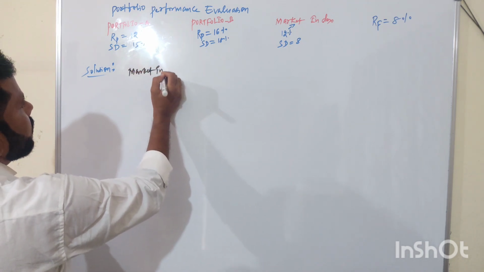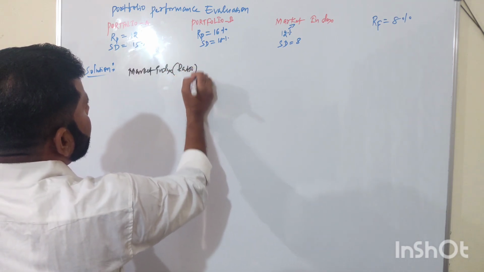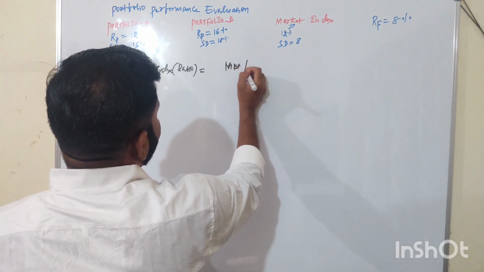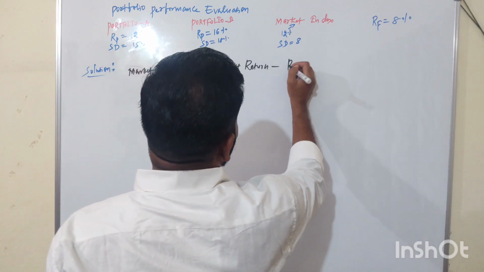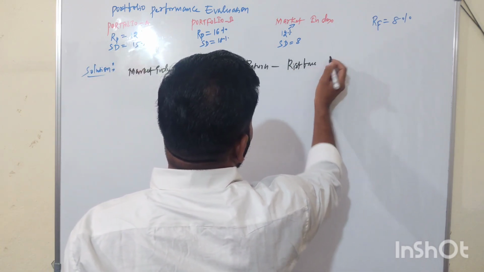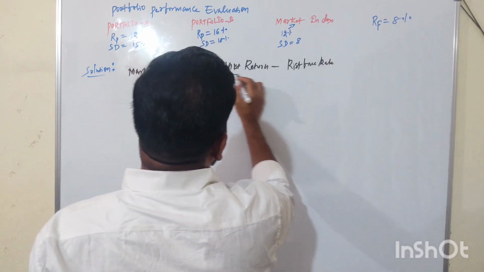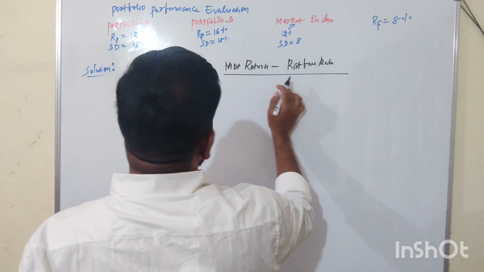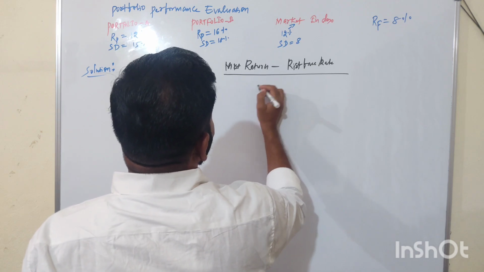Market index, its ratio. Market return minus risk-free rate, divided by standard deviation.